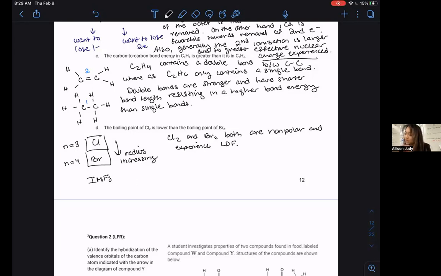Well, I'll put it this way. London dispersion forces are not explicitly the variance that's causing the boiling point to be greater or lower than their respective other diatomic.